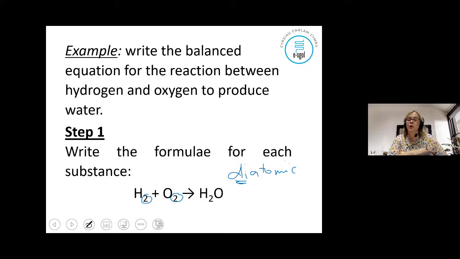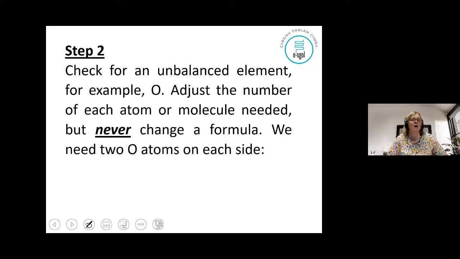So first thing, just put down the formula of each substance, but this is where you can't cheat. You have to put down the actual substance formula, okay? Second step, then check for any unbalanced element, okay? So because the formula of water is H2O, the formula only has a single oxygen there, O, but we know that oxygen is diatomic.